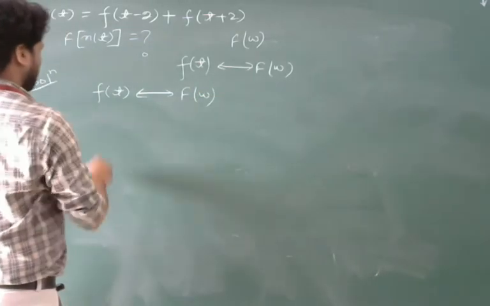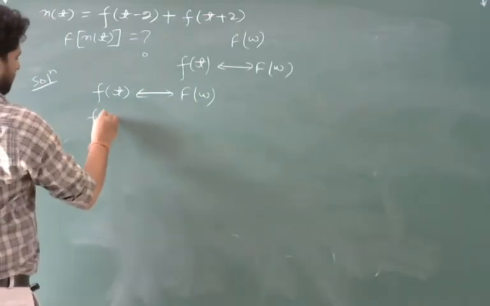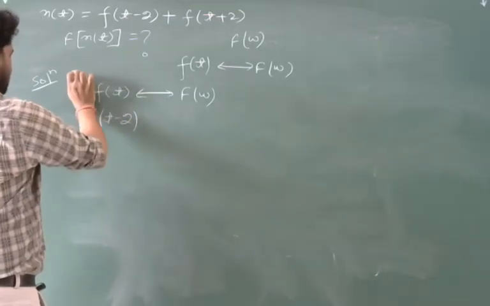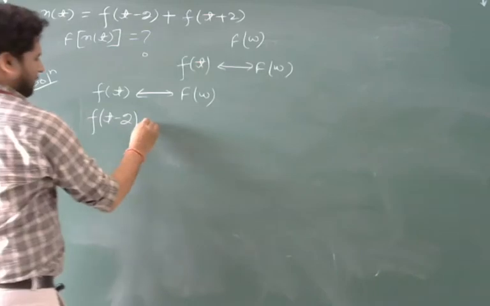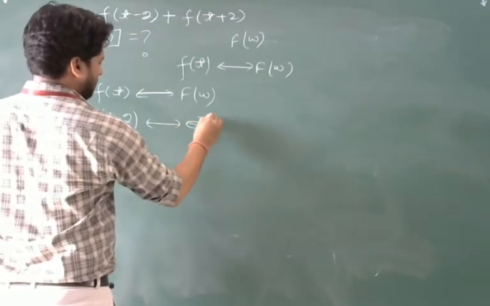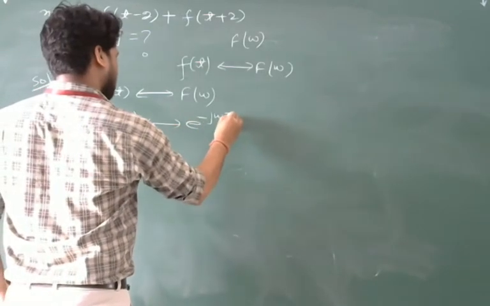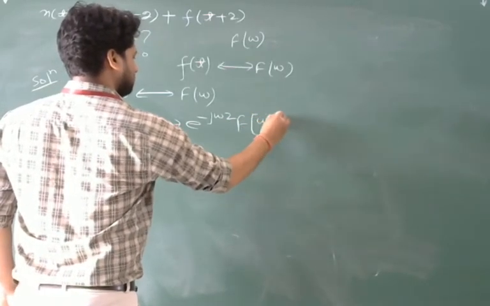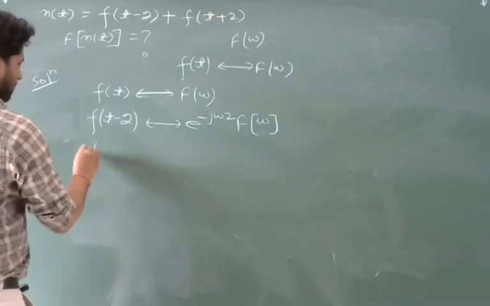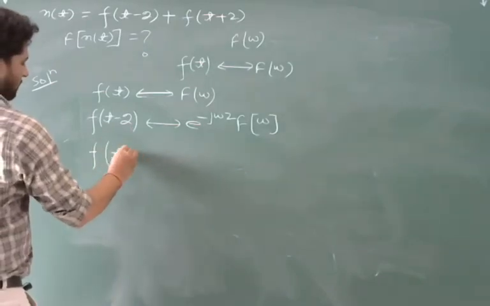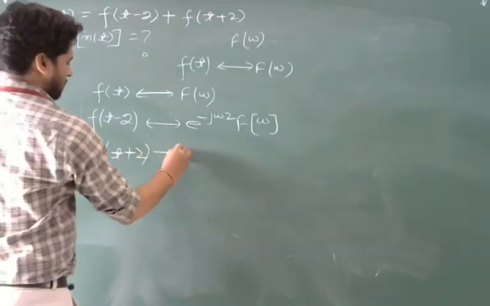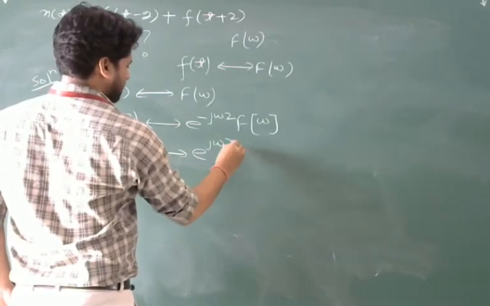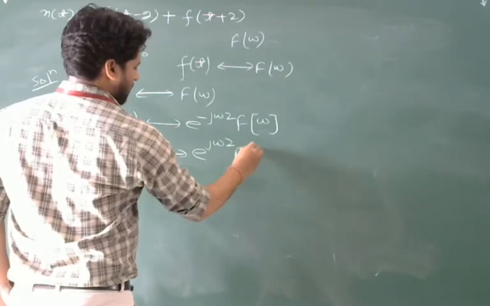Then Fourier transform of f of t minus 2 will be e power minus j omega 2 into capital F of omega, and Fourier transform of f of t plus 2 will be e power j omega 2 into F of omega.